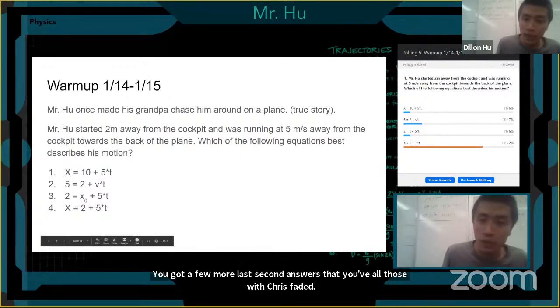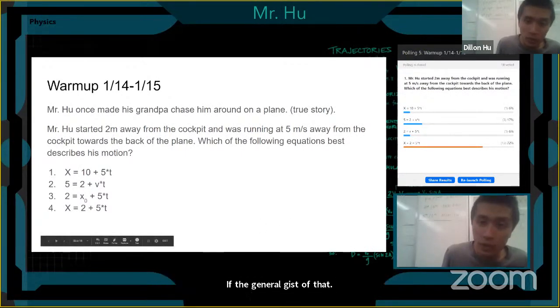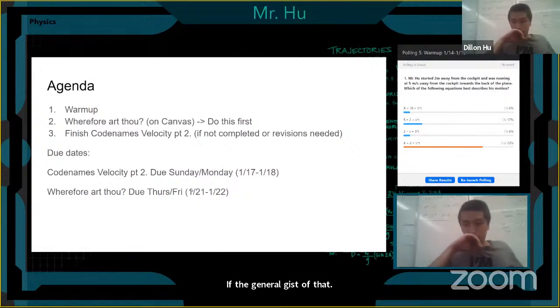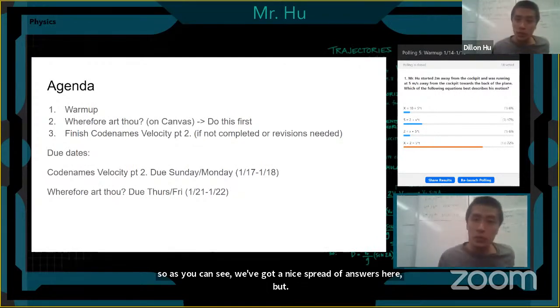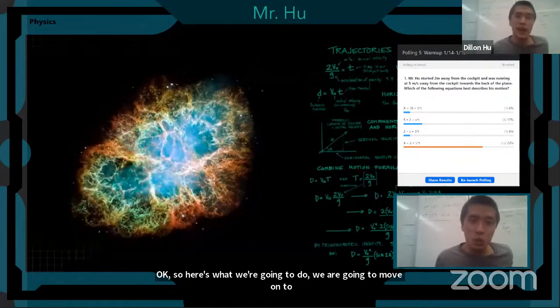Okay, so here is what we are going to do. We are going to move on to the next assignment of today. After we finish the warm up, the next assignment is called Wherefore Art Thou?